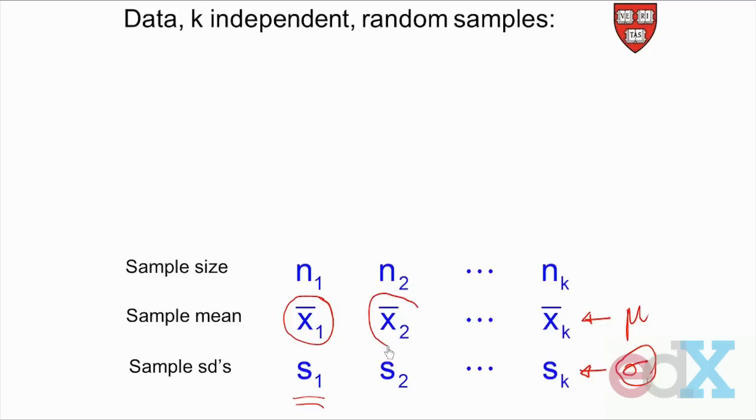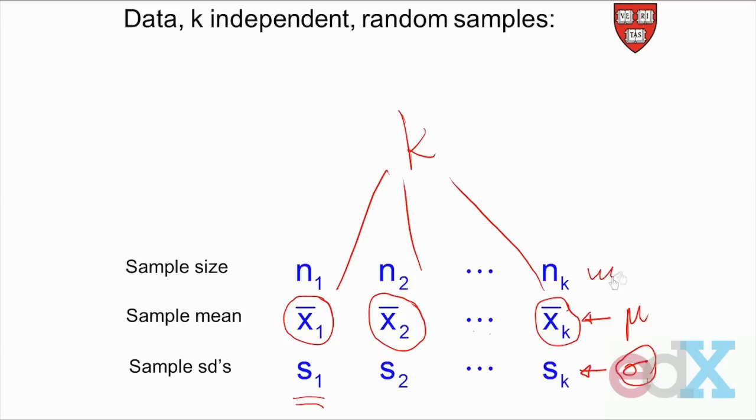Here's another one, and so on. So I can think of these as k different samples. So these are my k samples, all from the same population.